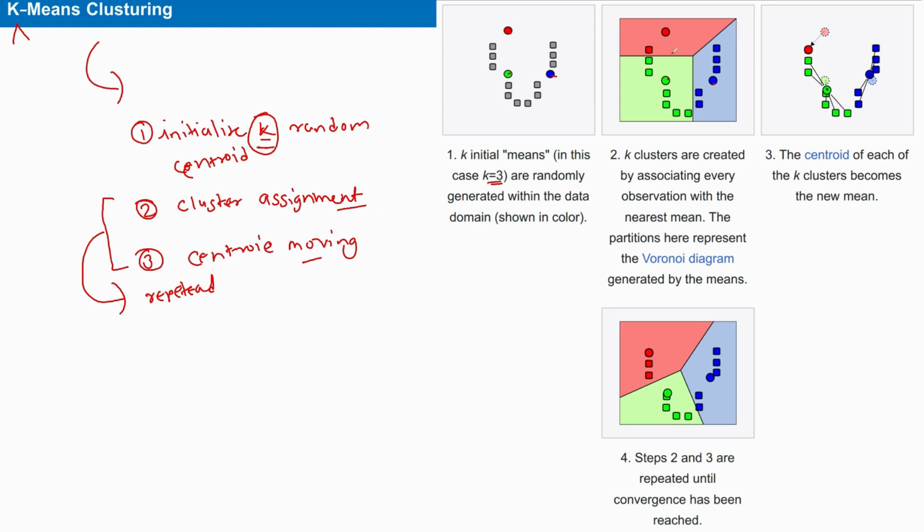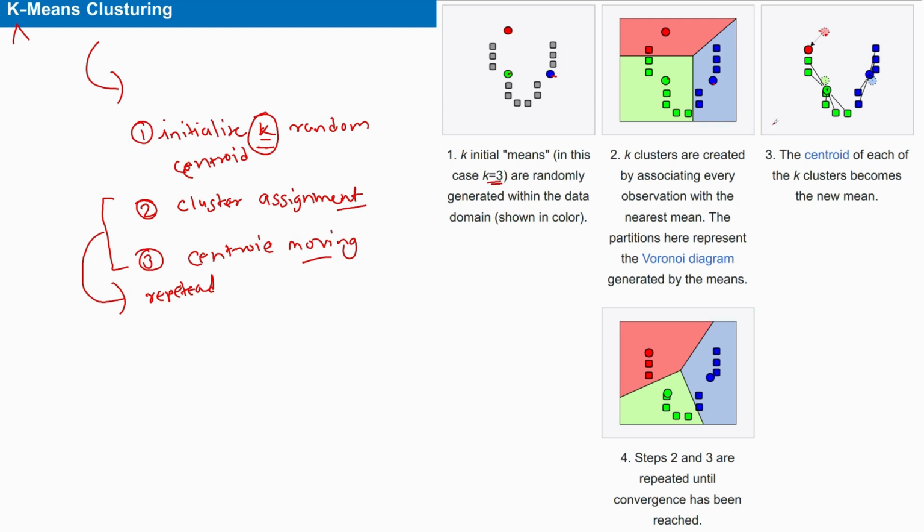In that step, for the assigned data points with respect to each centroid, we need to compute the centroid for those data points. For this red region, initially we had the centroid here, but after recomputing, our centroid moved from this point to this point.